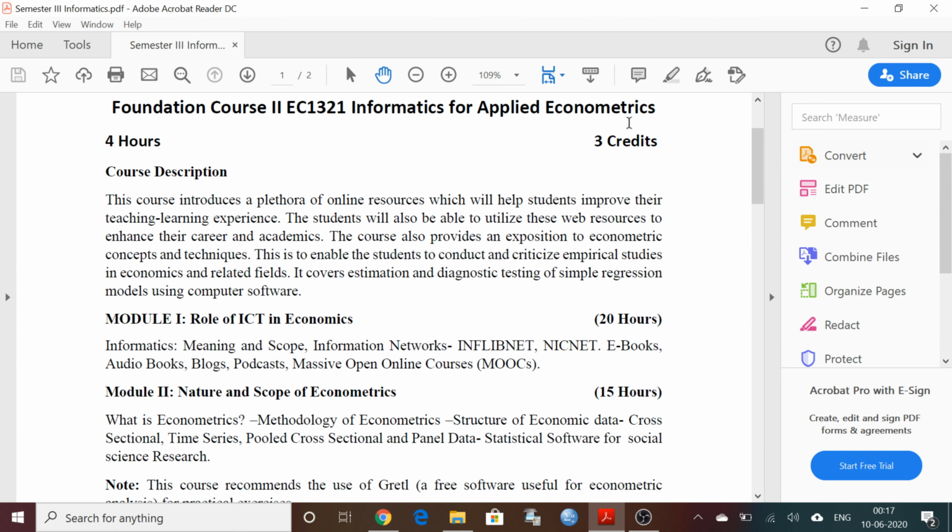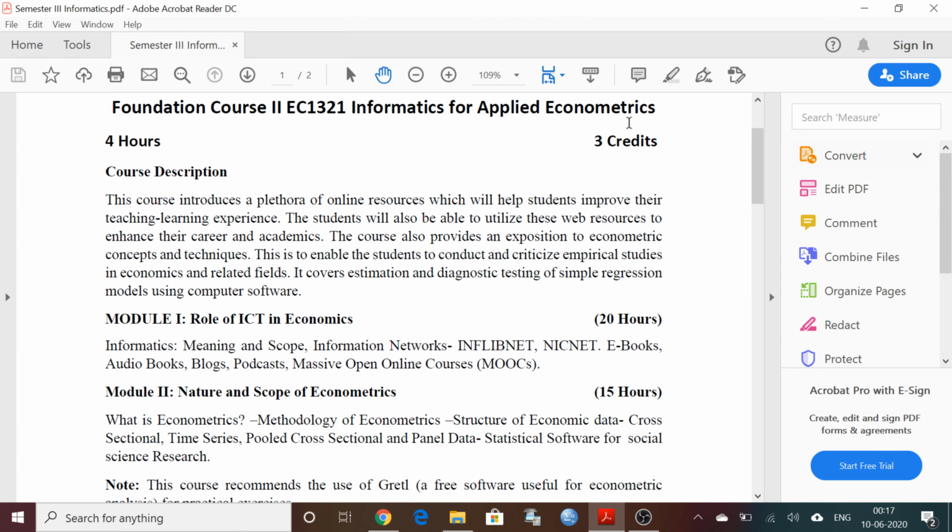So in the first module you can see the information networks, and you will get the idea about all the available information networks, like ebooks, INFLIBNET, audiobooks, blogs, podcasts, MOOC courses, how to enroll in a MOOC course, how you can learn a course online. All those are explained in the first module.